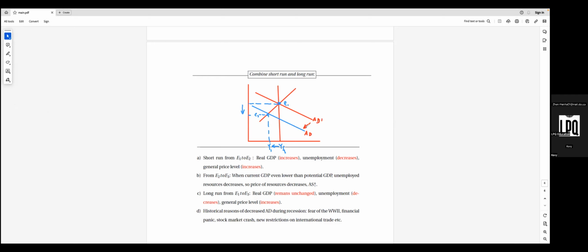So we can get E number 2. We add those labels: long-run AS, short-run AS, real GDP. Here is the price level.